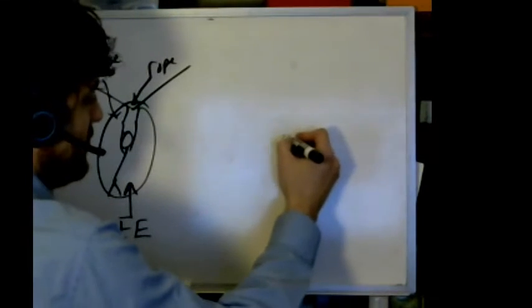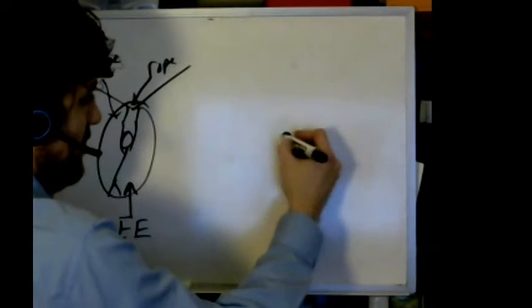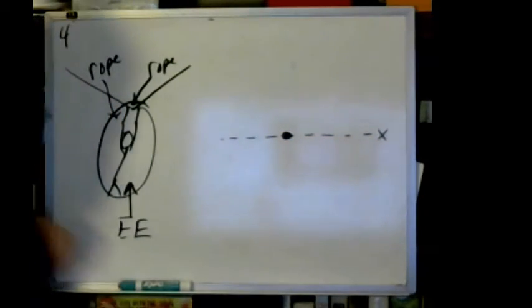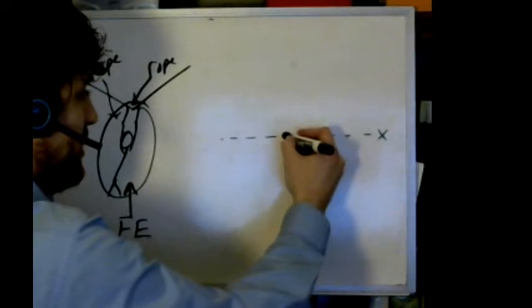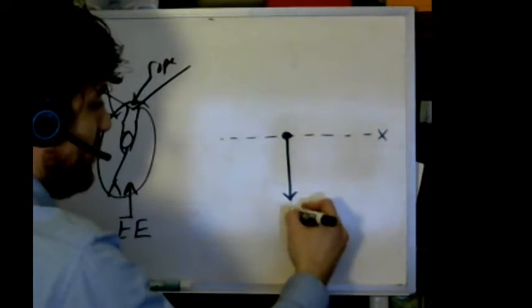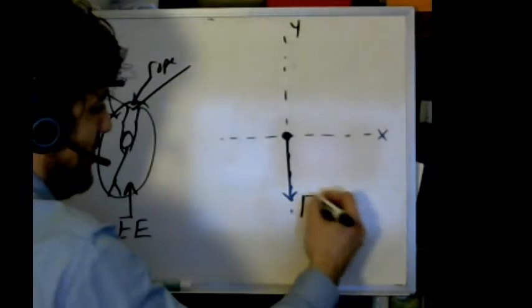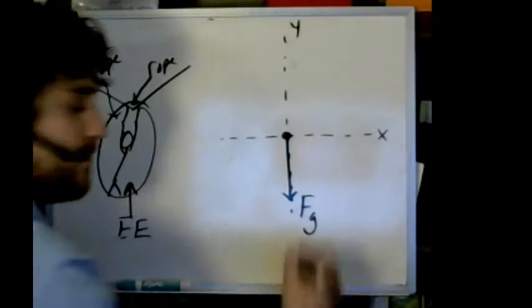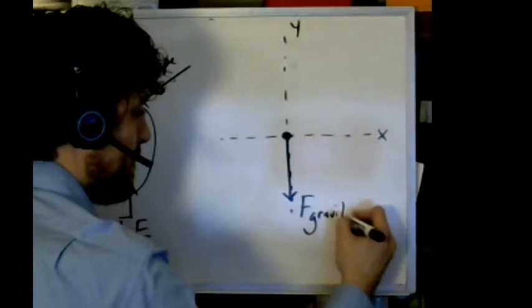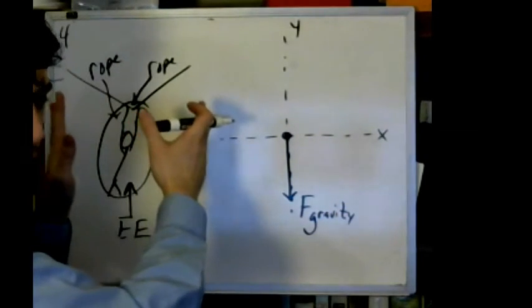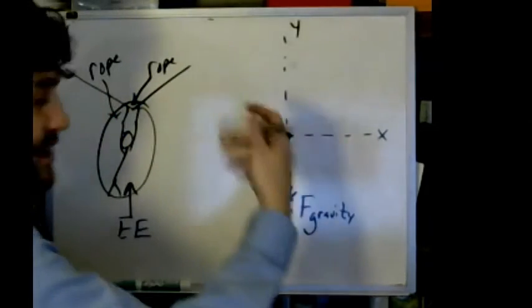So we go to make our force diagram. We're going to allow our x-axis to stay horizontal. There's not really a reason to change that. The gravity pulls straight down along our y-axis. F, gravity. The tensions in the ropes, the force of these ropes, are exactly in the direction of the ropes.